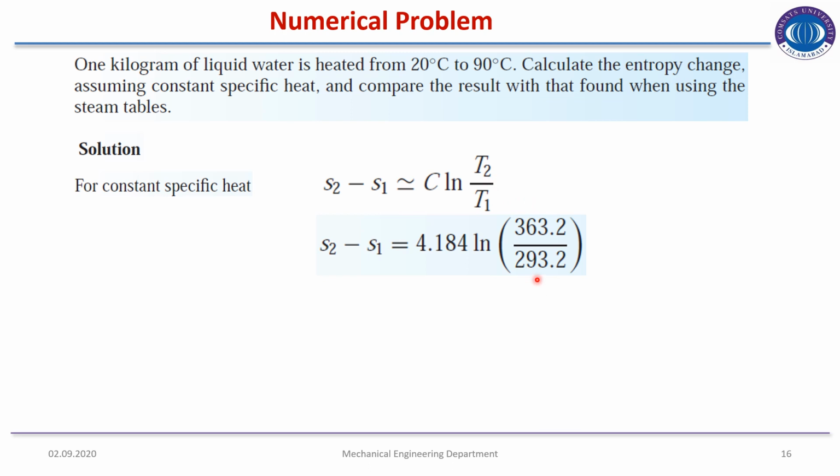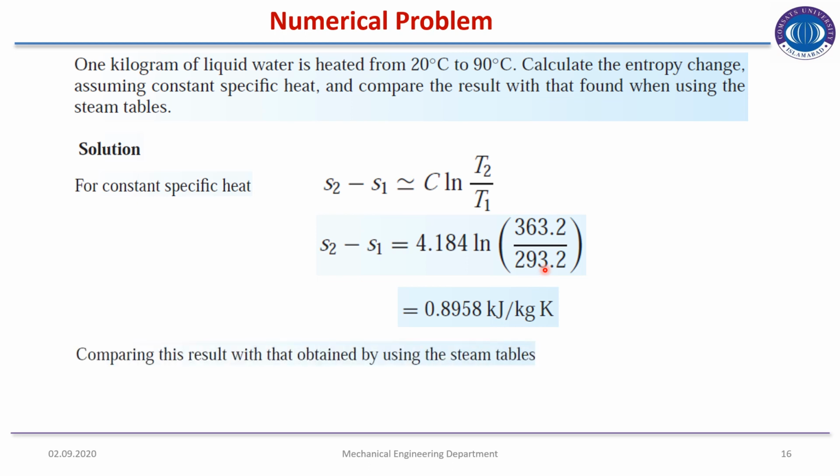Here the given temperatures are in degree centigrade, so we have converted them into Kelvin. T2, that is 90 degrees centigrade, becomes 363.2 and 20 degrees centigrade, that is T1, becomes 293.2. So the change of entropy is equal to 0.895 kilojoule per kg Kelvin.